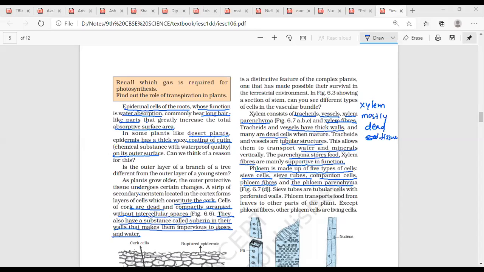And phloem's conduction is bidirectional, from leaves to any side.